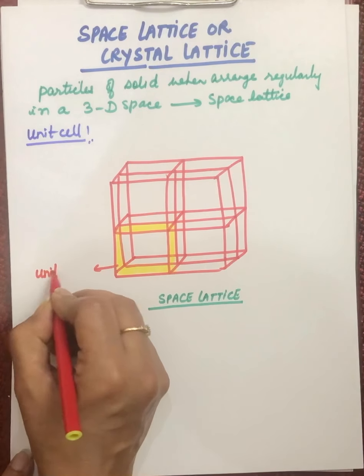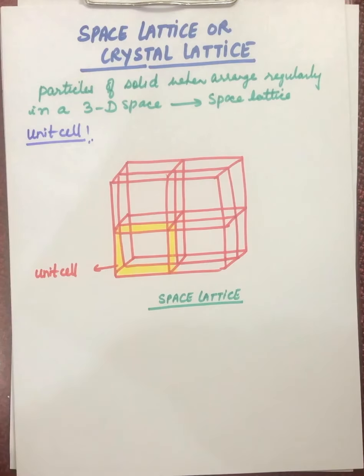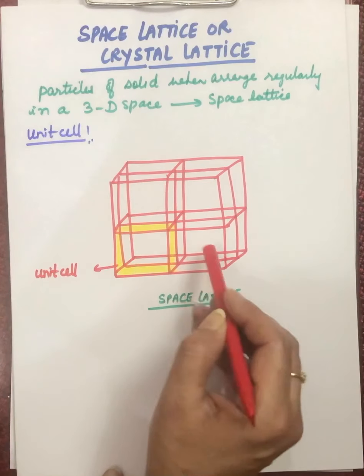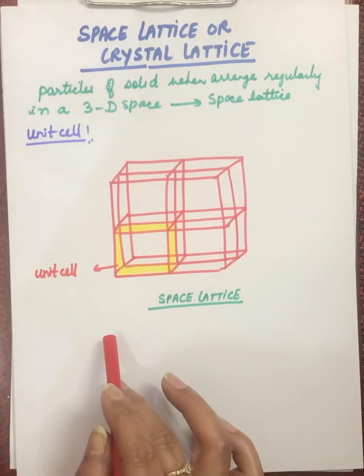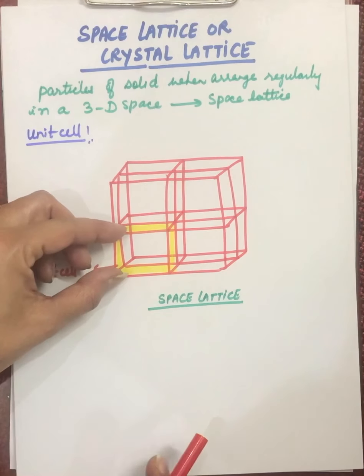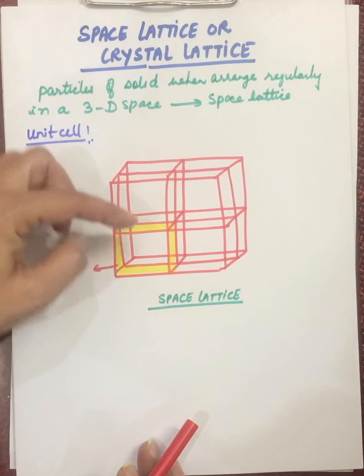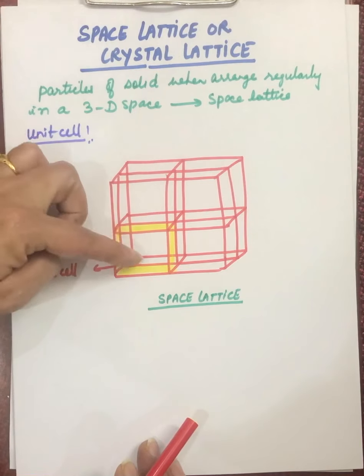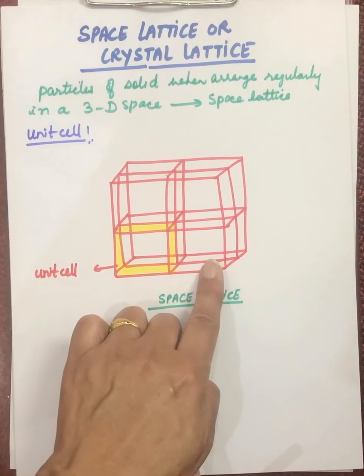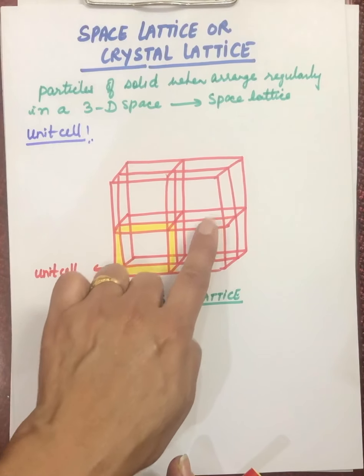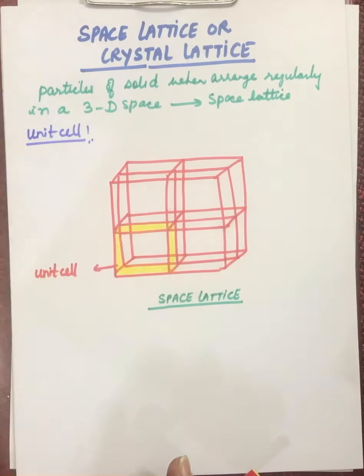Now how come this is a unit cell? Because this only is repeating itself again and again in all directions and we're getting this complete space lattice. See this one box in front, there's one box behind this, one box on top of this, one behind that, one here and one behind this, one on the top of this and one behind this.